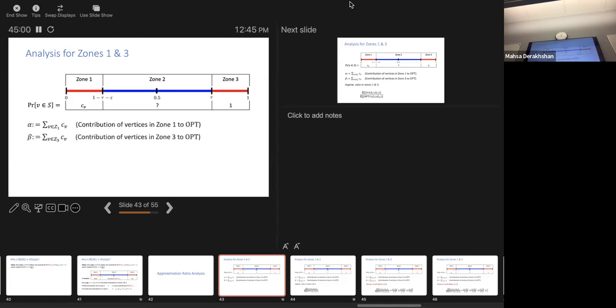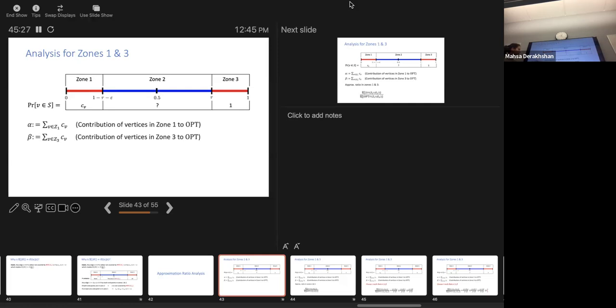Now, let's define these two parameters. I define alpha to be the contribution of the vertices in zone 1 to the optimal solution. So it's going to be the sum of CV of all the vertices whose CVs fall in this range, right? And I refer to those as Z1, right?